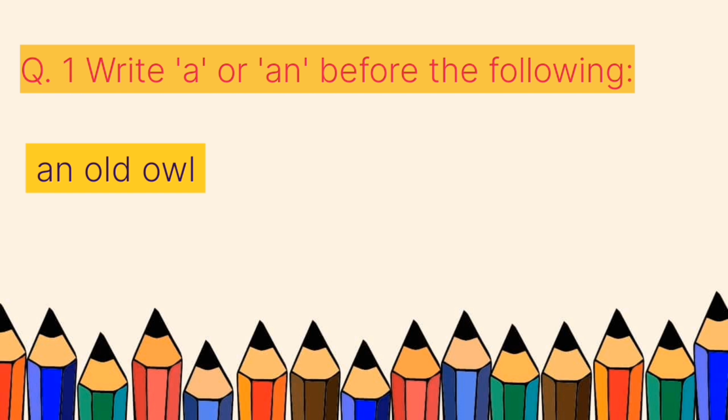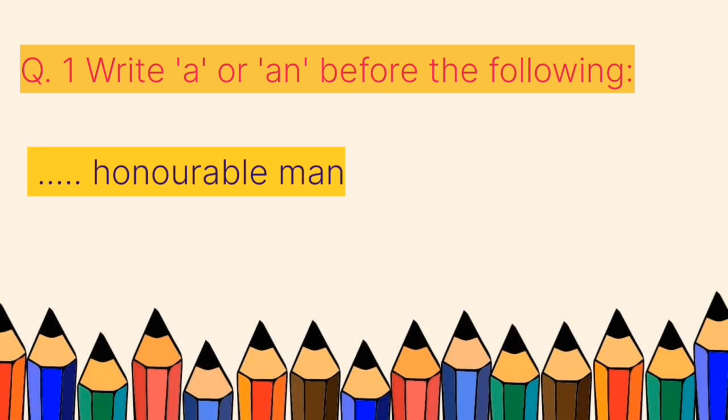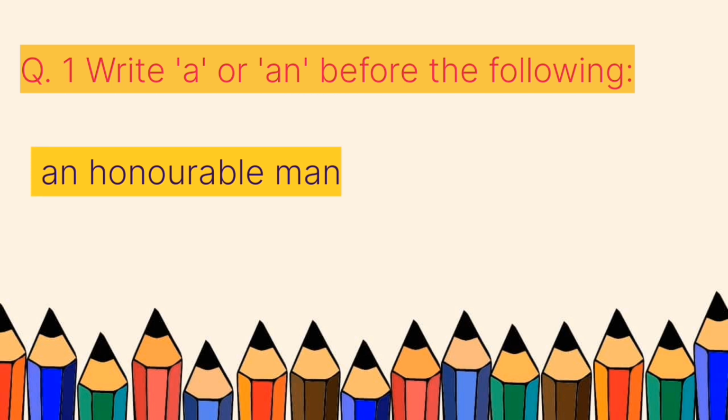Next, dash honorable man. The answer is an honorable man. Here, the word honorable starts with the letter H, but H is silent. Therefore, the word honorable begins with the vowel sound O. So, the article an is used instead of a.